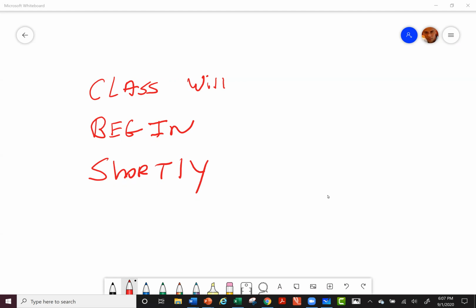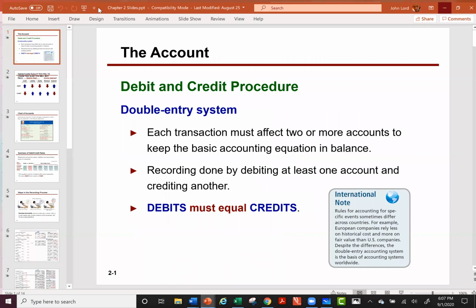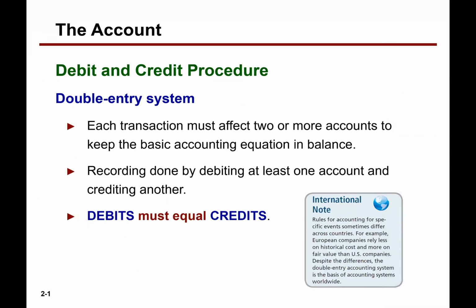Okay. So before we go much further, I want to go ahead and put up the discussion of debits and credits. Okay. And of course, I have to put up the wrong slide deck. Okay. Try that again. So let's just take a look again to make sure we're comfortable with the basic debit and credit discussion, and that debits must equal credits.